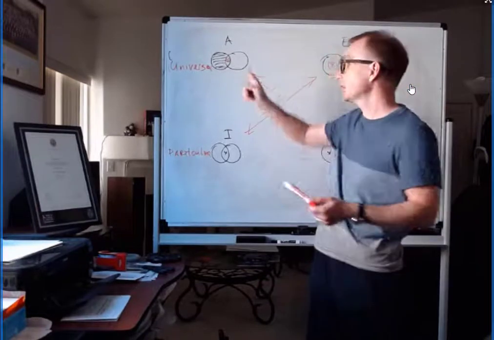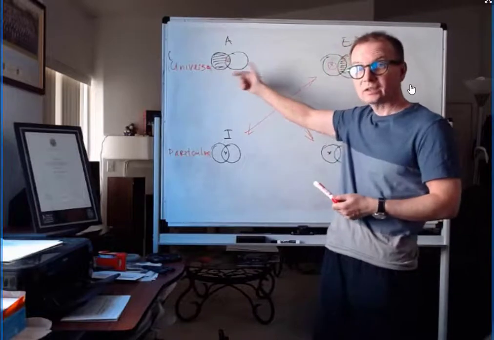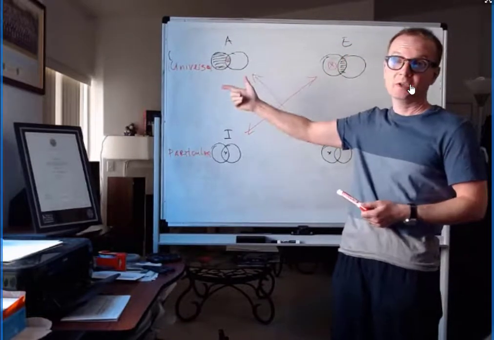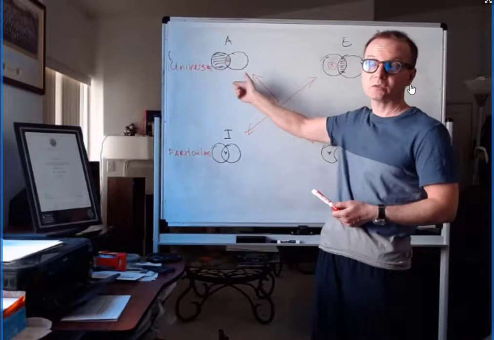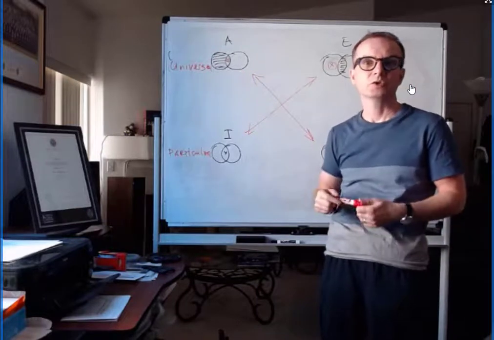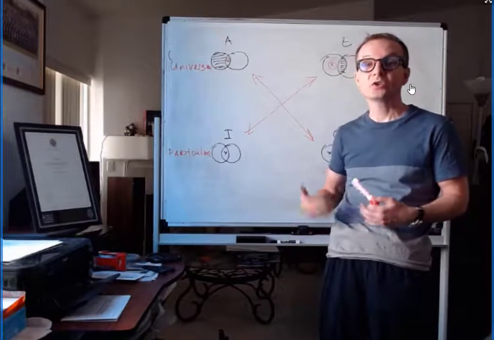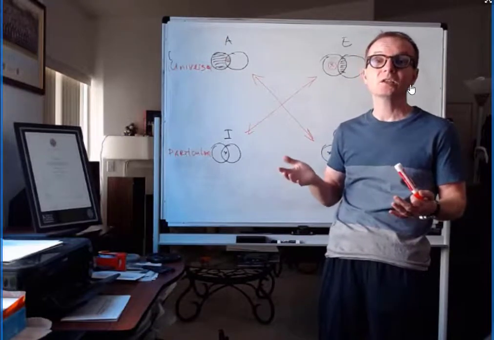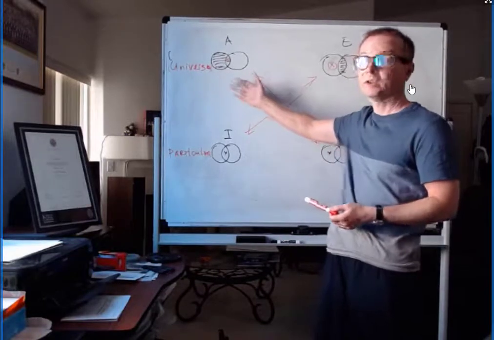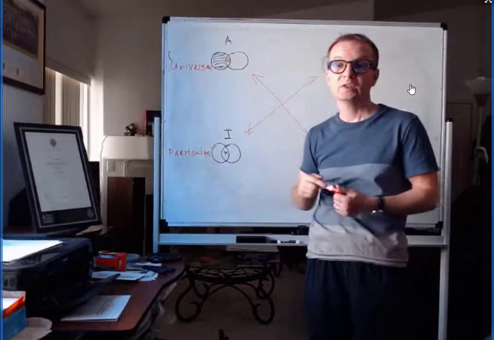But as soon as I have this $1, that cannot be true at the same time. Either all of my money are in my pocket, which means this $1, which is all the money I have, is in my pocket. Okay, it is true. But if it's not there, if it's somewhere else, then of course that will be false. Both of them cannot be true at the same time.